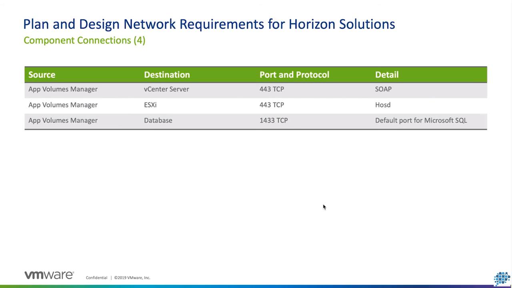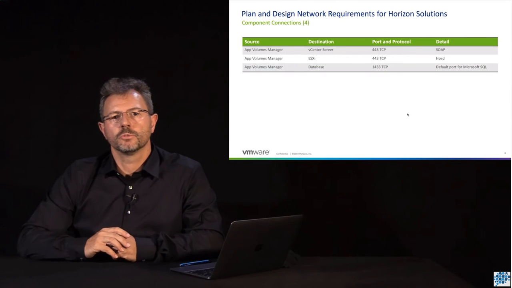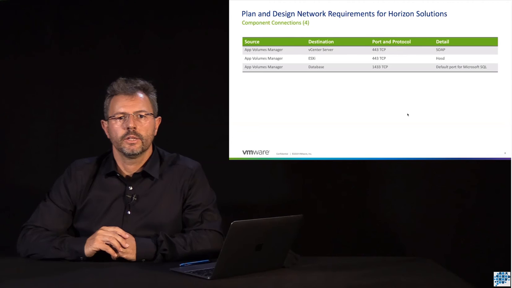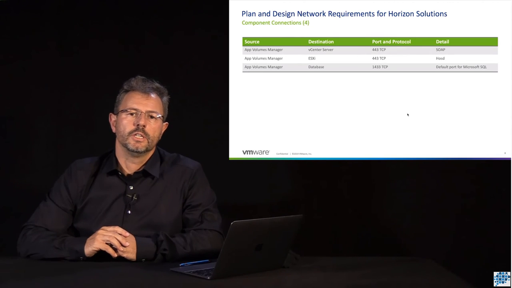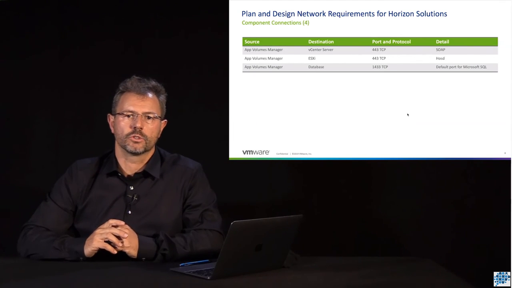And for that you need the port 1433 TCP open. On top of that, there is the App Volumes Manager agent, and the App Volumes Manager agent needs to communicate with the App Volumes Manager either over port 80 or port 443 if you have an SSL secured connection there.